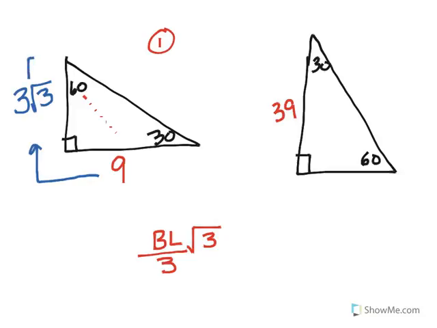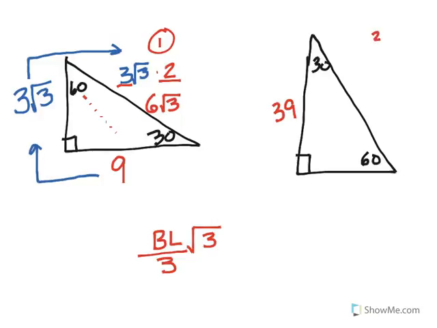And then to get to the hypo, we're going to take 3 radical 3, our little leg, times 2. It's double. So we multiply just the whole numbers, which would be 6, and leave the radical 3 alone.